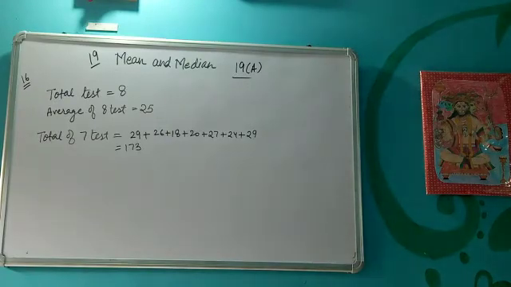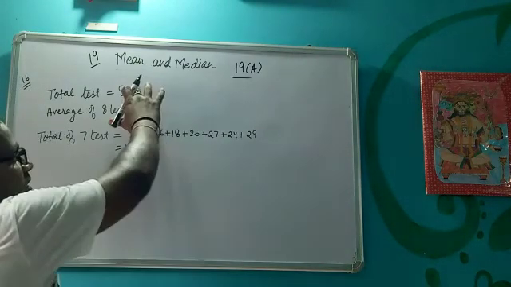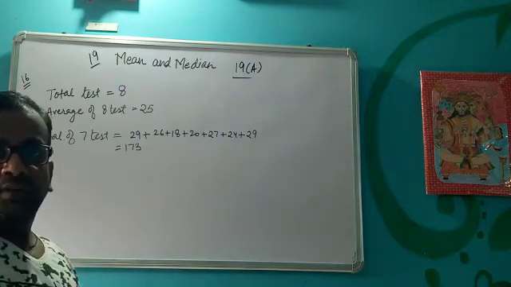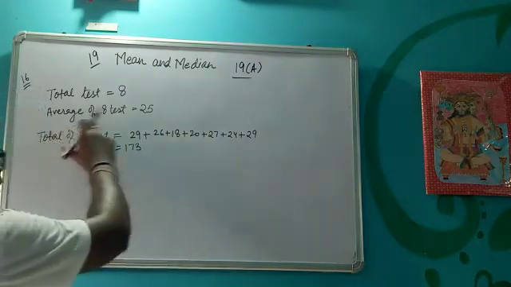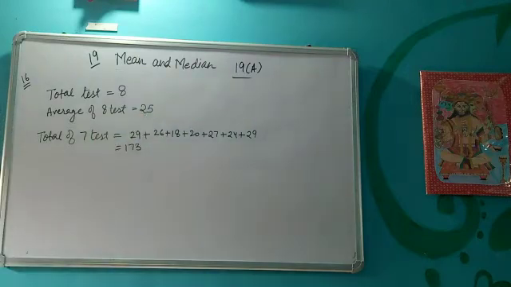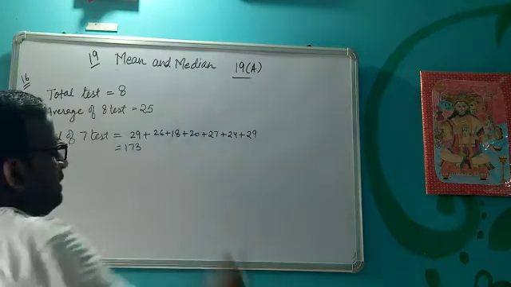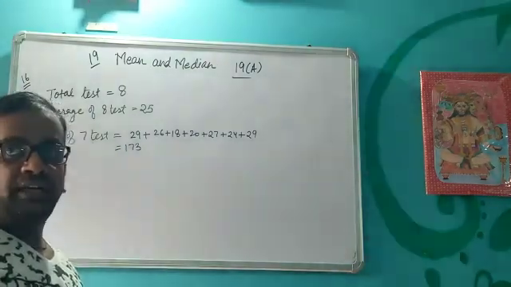Okay, so in this question it is given that A appeared for 8 tests and each test was out of 30, and the average of all the 8 tests is 25, but he was able to see only 7 copies, and now how much did he secure in the 8th test?